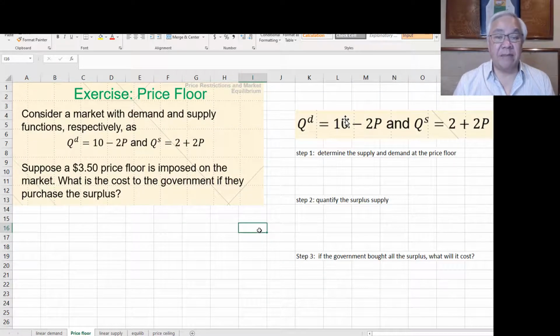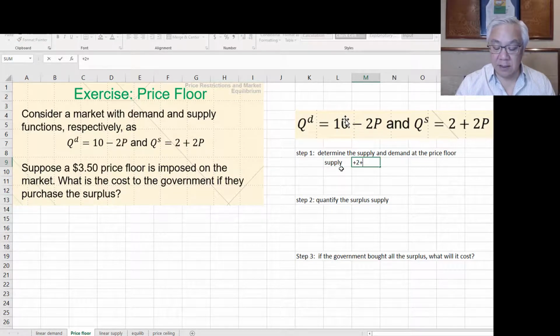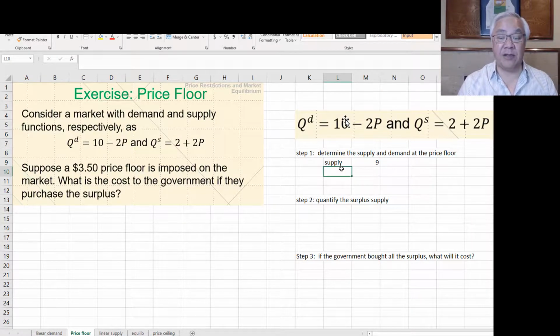So here we have the same information provided on the left, and on the right side, we'll do the calculations. So first, let's find where the supply and demand would be at the price floor that was imposed. So let's look at supply. And supply is equal to 2 plus 2 times the price, which is 3.5, so 9. So the suppliers would love to sell 9 units.